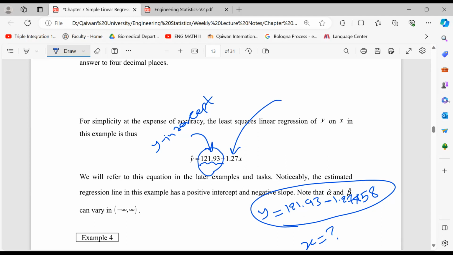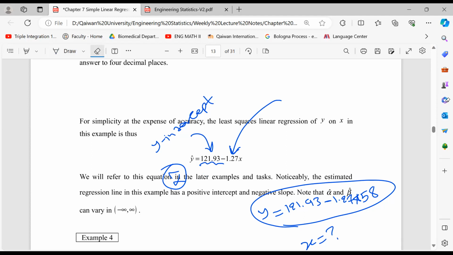How about this value? This one is the value of alpha hat. So alpha hat is the y-intercept value. And beta hat is the slope. Beta hat is the slope of our linear regression equation.